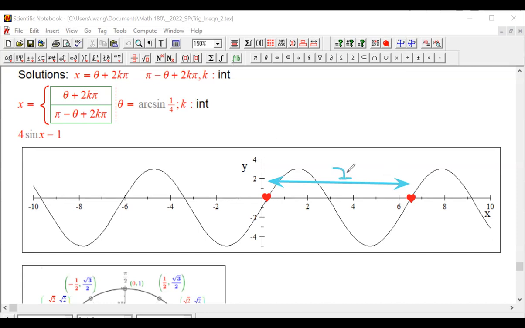And there's another heart, which is right here, and that difference is 2 pi.